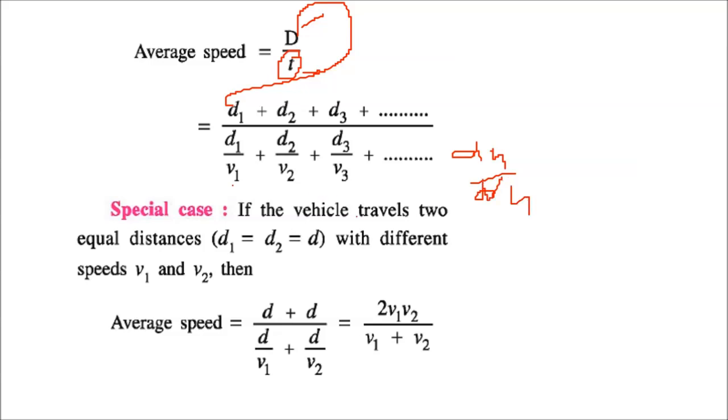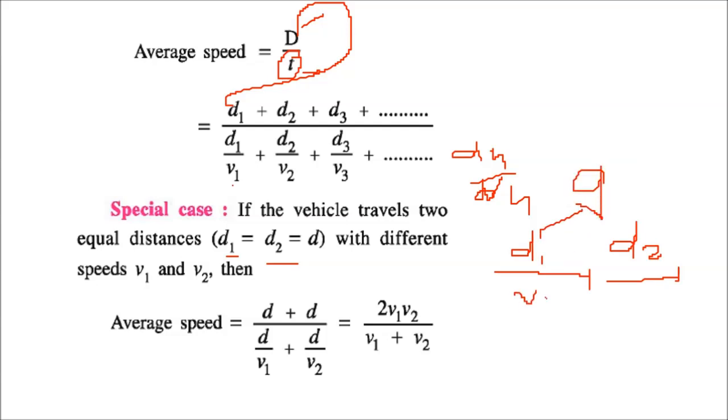So if the vehicle travels two equal distances, say d1 and d2 both equal to d, with velocity v1 maintained for the first d and v2 for the second d, what will be the average speed?